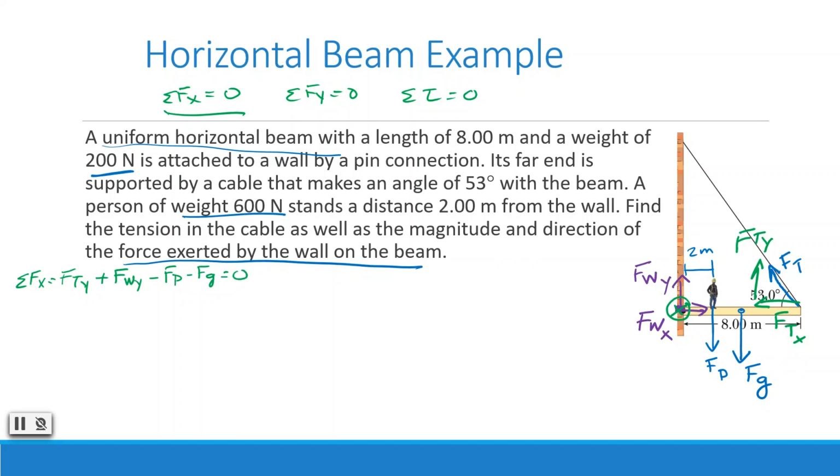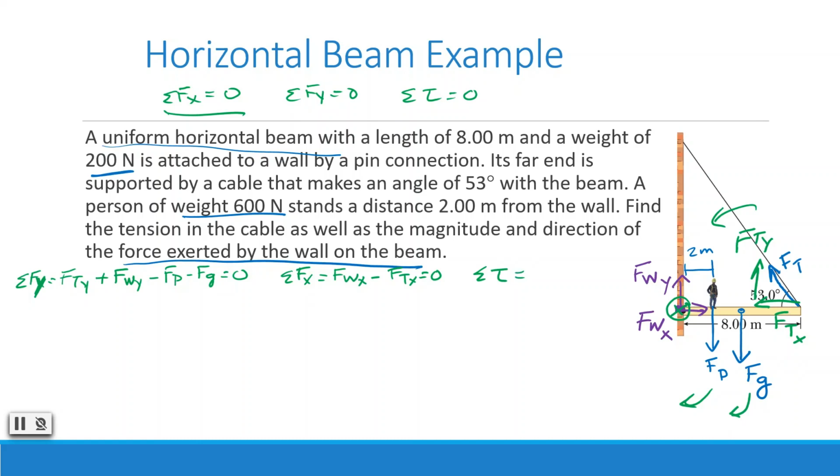In the x direction, I'm going to have to the right Fwx, to the left Ftx, and that has to be 0. And then with my net torque, these two forces are creating torques that are in the clockwise direction, so those are negatives, and the tension is going to be creating a torque in the counterclockwise direction, so that's positive.